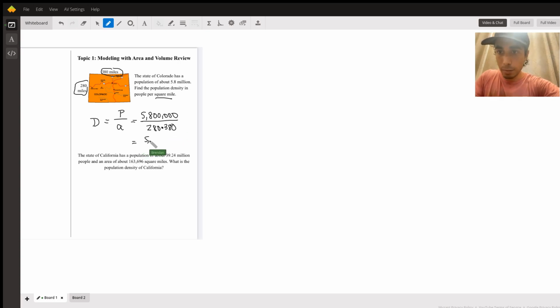So we'll have the population over the area, and for our population density, that's going to give us an answer of about 54.51. For population density, just round that to the nearest person. So that's going to round up to 55 people per square mile.